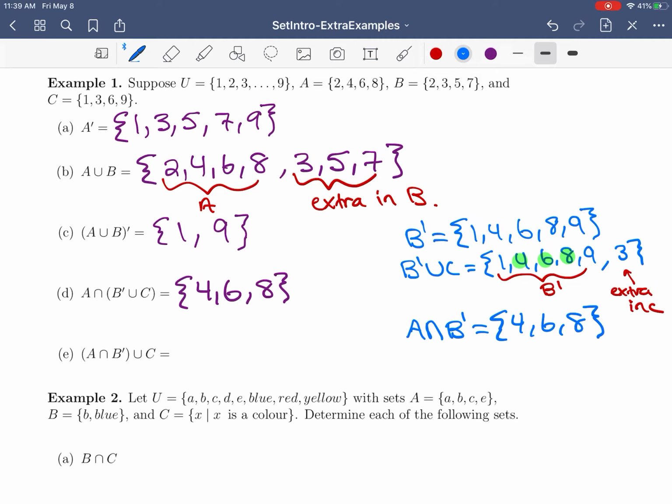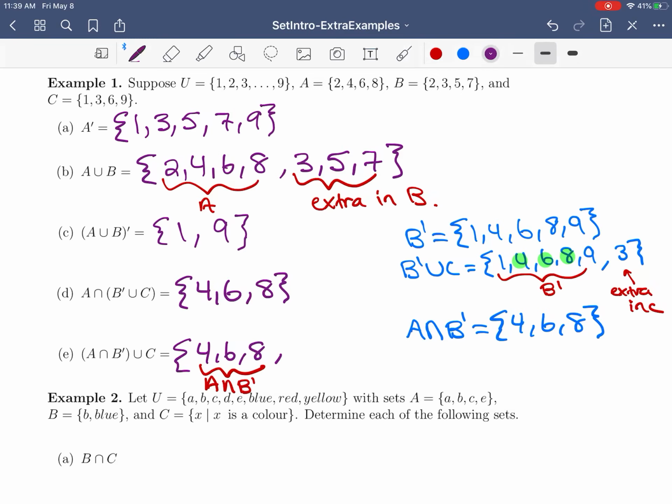Okay, now I want to union this set with C. So I'm going to start by writing what's in this set. So 4, 6, and 8. Okay, so these are the elements in A intersect B complement. And now I want to say, does C have anything extra?